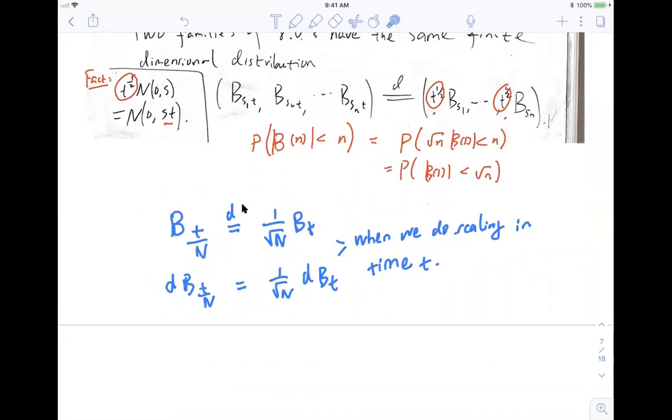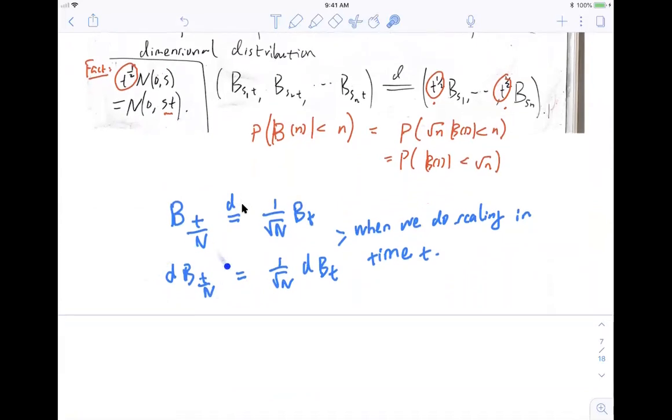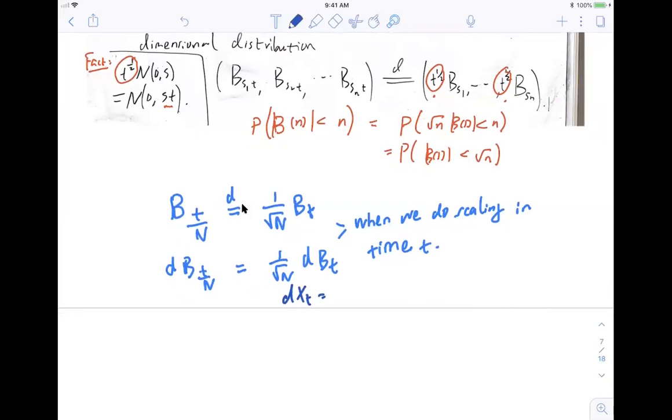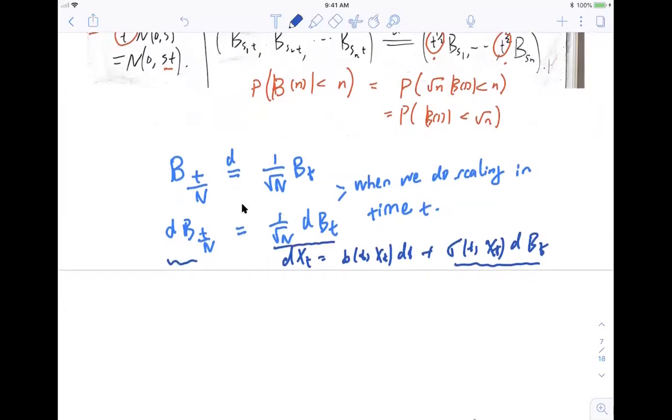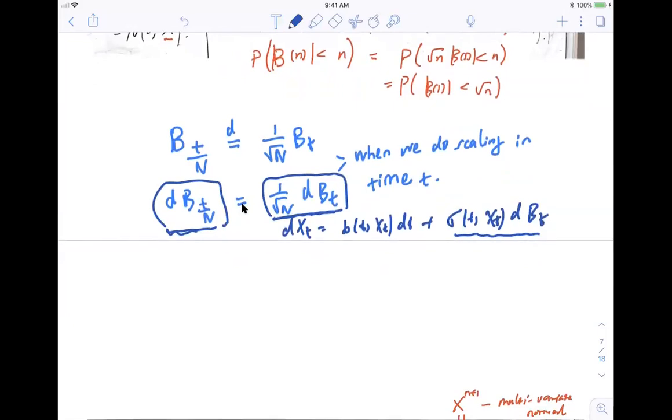Later, in stochastic differential equations, if you change the time variable, for instance if you write dX_t as a stochastic differential equation with a drift term plus sigma(t, X_t) dB_t, then changing the time from t to t over n gives what we get in the integral form. This also comes from the scaling fact: if you scale time by 1 over n, it is the same as multiplying 1 over square root of n in front of dB_t.